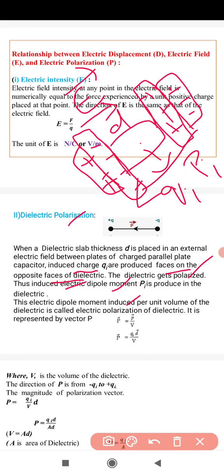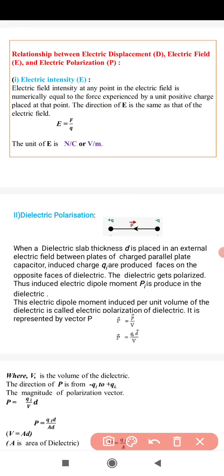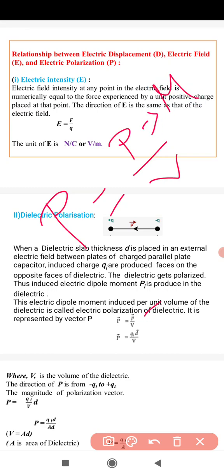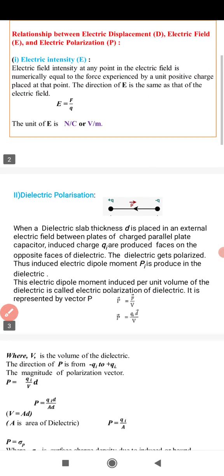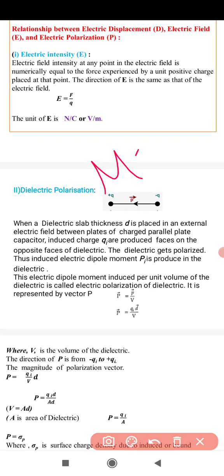The electric dipole moment induced per unit volume is called the polarization of the dielectric or electric polarization. It is represented by a vector P. Vector P is equal to the dipole moment small p divided by unit volume. In certain textbooks small p is represented as mu. The dipole moment is equal to charge into displacement, where displacement is small d.